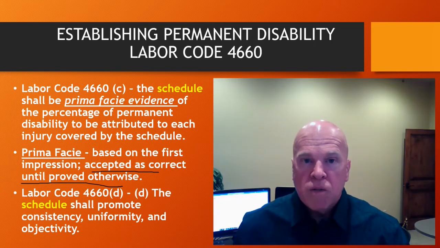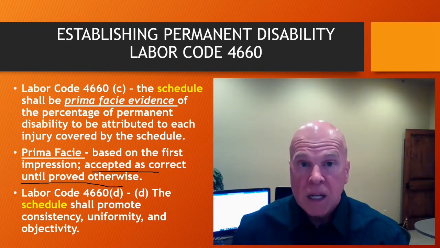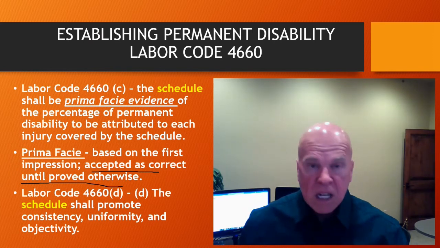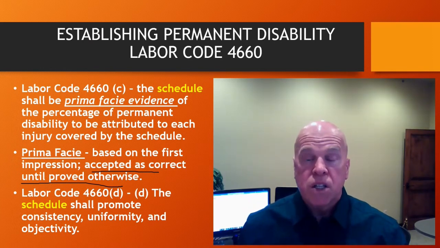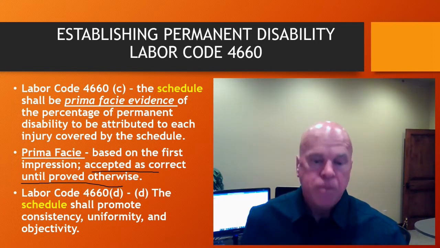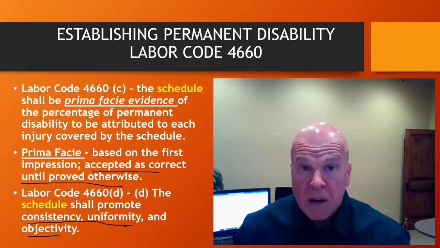But regardless of whatever permanent impairment rating you provide for your examinee, the purpose of enacting Labor Code 4660 back in 2004 is described in subsection D. The purpose of it is to promote consistency, uniformity, and objectivity.